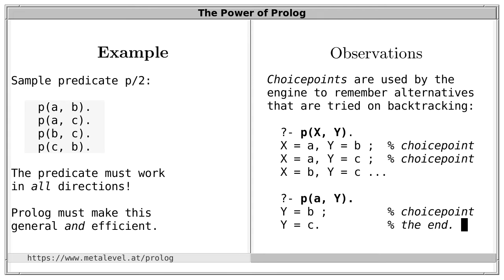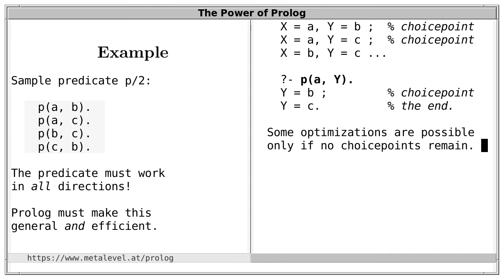And that's of course useful in itself, because it means that we can more quickly continue with other work, post further queries and so on. But more importantly, this is a necessary precondition for important further optimizations, because some optimizations are only possible if no choice points remain.